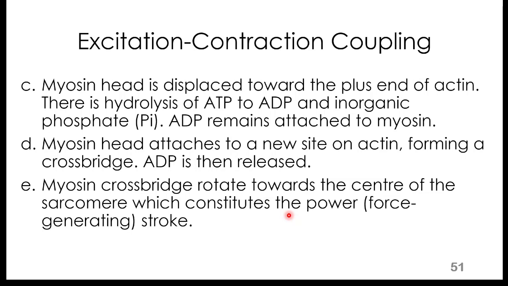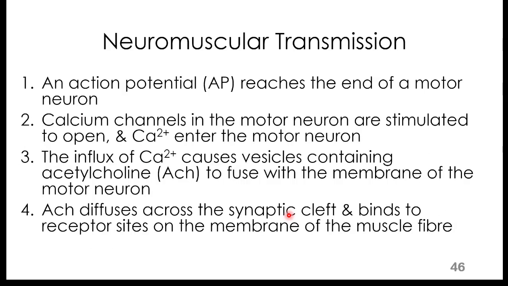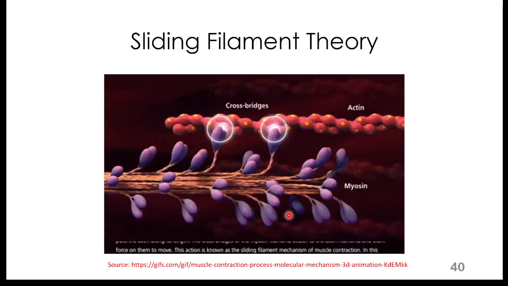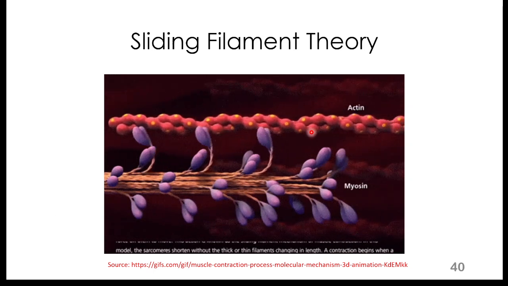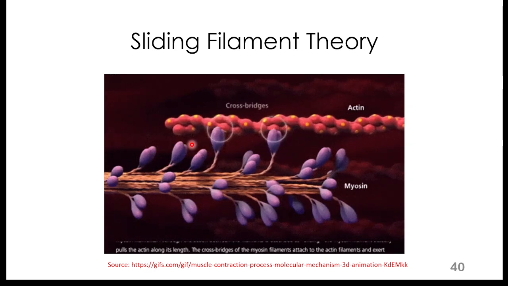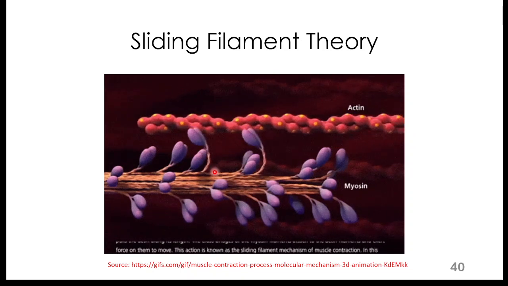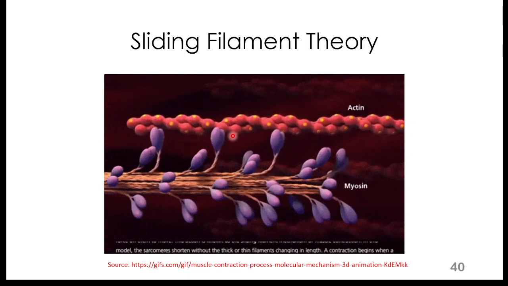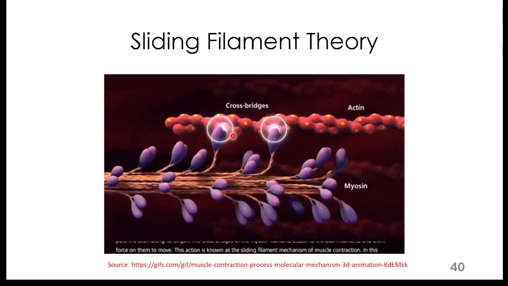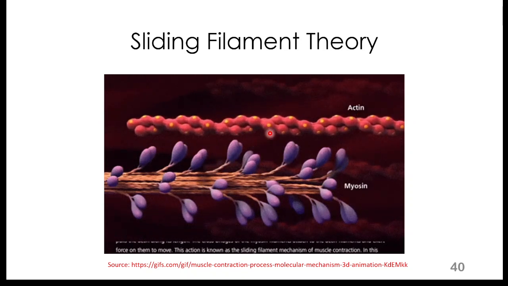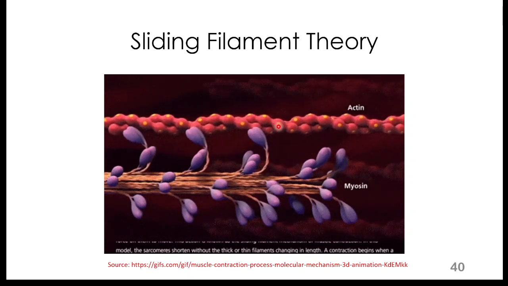So let's go back to the animation that we showed earlier. That's the power stroke right there. Then it repeats itself, a power stroke. Calcium indirectly causes exposure of the myosin binding sites on actin, and the myosin will bind to actin.